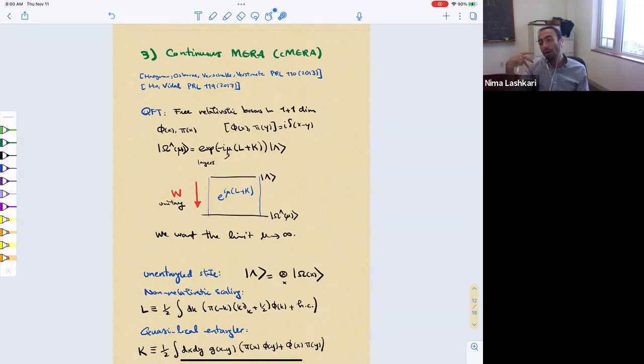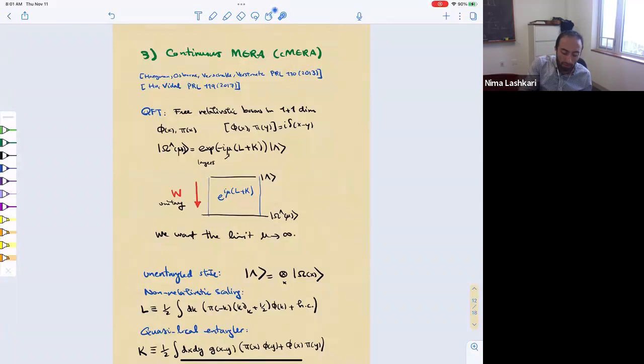I can do renormalization group in the sense of Polchinski, exact RG in Euclidean signature using Euclidean path integrals, and a similar story holds there. But I started motivating my story in the context of real space RG, where things are a lot more intuitive. Therefore, I'm going to work out an example in the context of the continuous MERA.